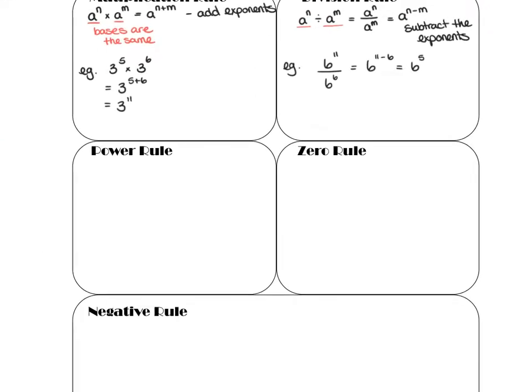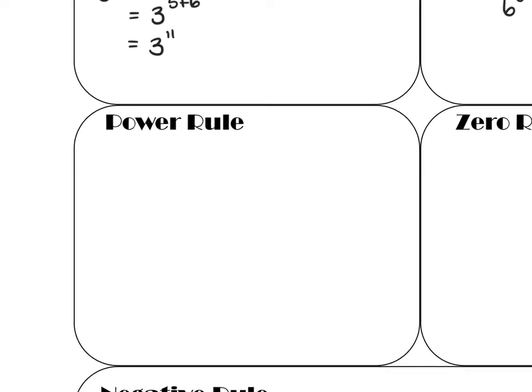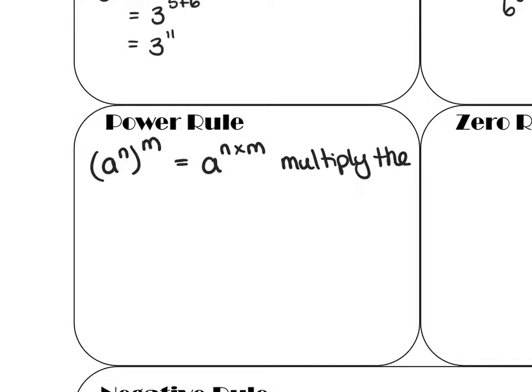Moving down here to the power rule. This is what happens when we have a power or an exponent on an exponent. It looks like this: a to the n to the m, and all you're going to do with this is multiply the exponents.